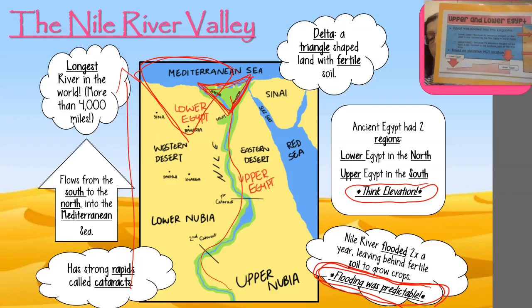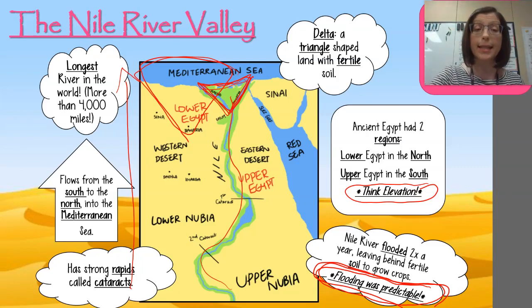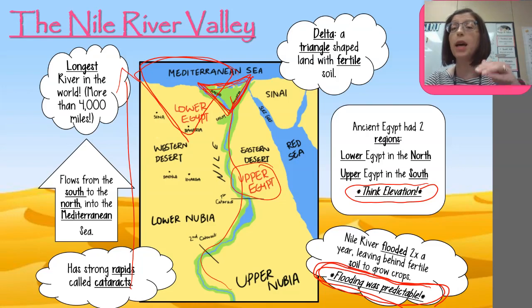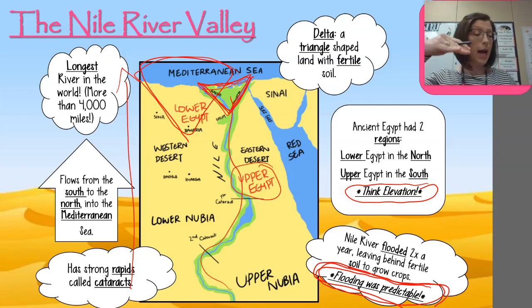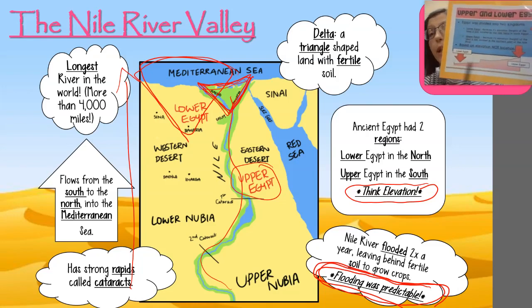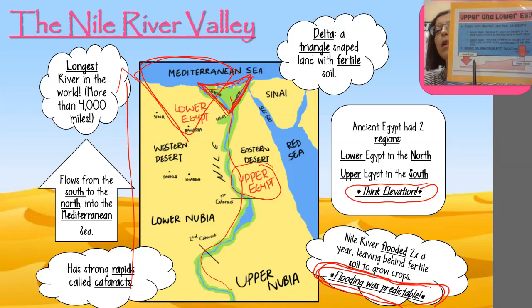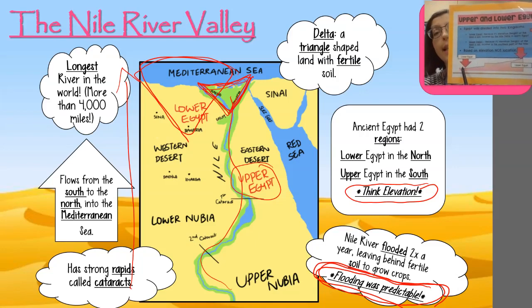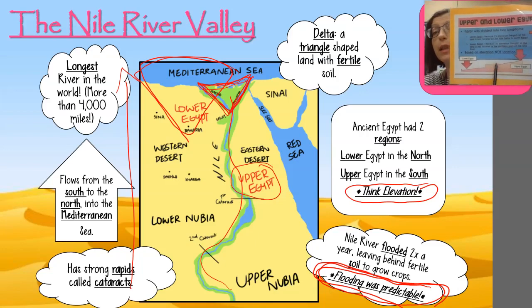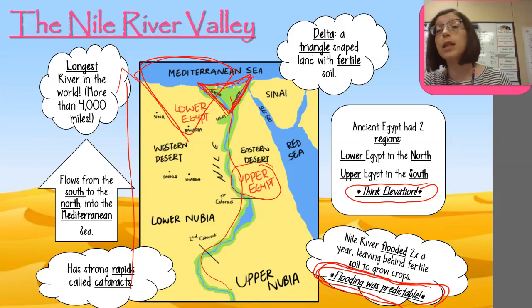The reason that Upper Egypt sits in the lower part of the map is because the elevation of the land is higher. So Upper Egypt is sitting in the lower portion. Lower Egypt is sitting in the northern portion. Upper Egypt just means that the land sits higher. Lower Egypt means the land sits lower.